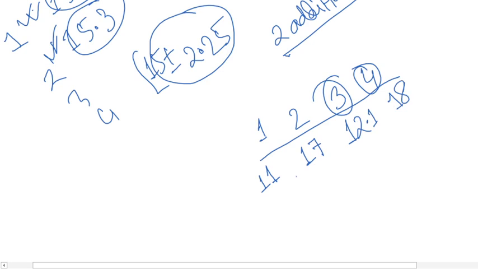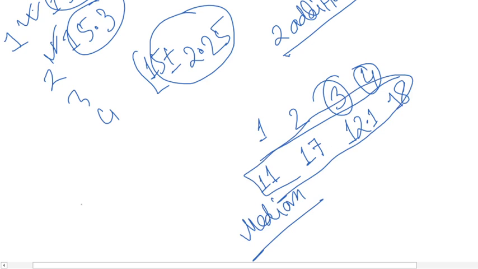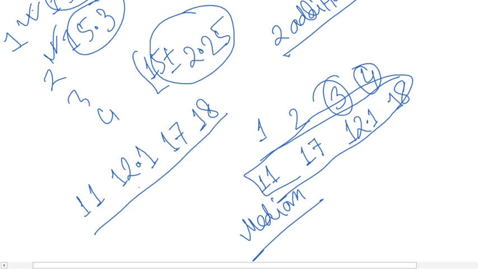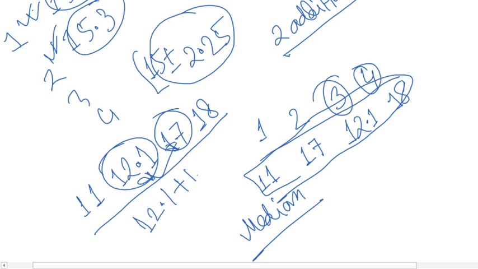So then you will be taking the median of these four results. For the median, we'll have to arrange them in ascending order, 17 and 18, and as there are four numbers, the median will be the mean of the middle two values, 12.1 and 17, divided by 2.